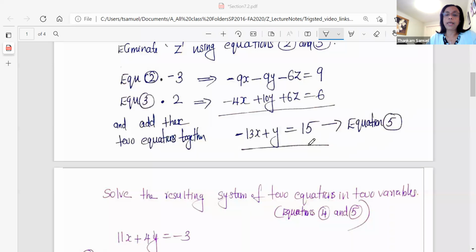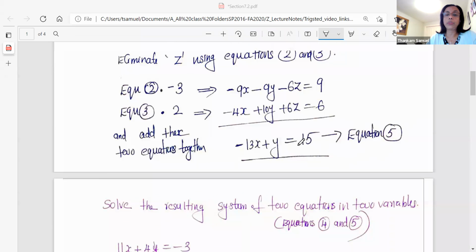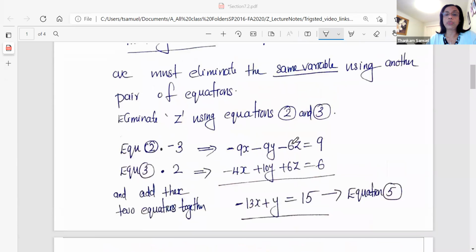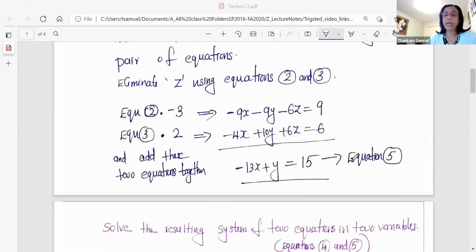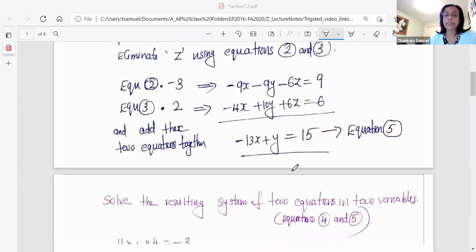So you can see that we got two equations in two variables. So this fourth equation is 11x plus 4y equals -3. And the next new equation is -13x plus y equals 15. So you can see that these two equations have two variables, x and y.